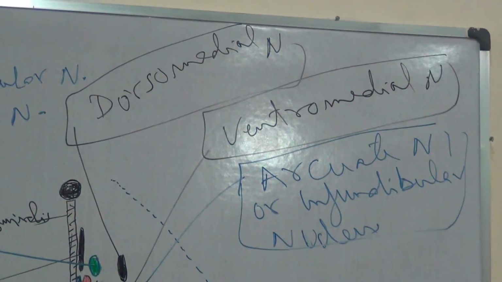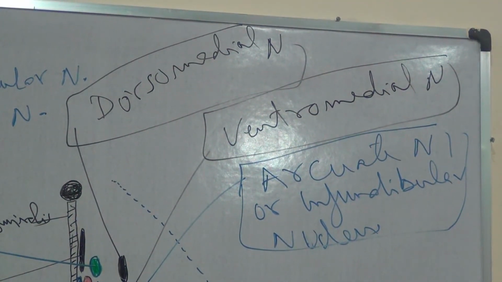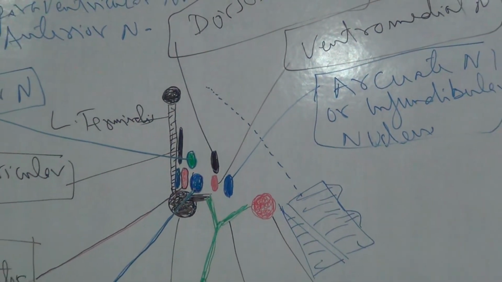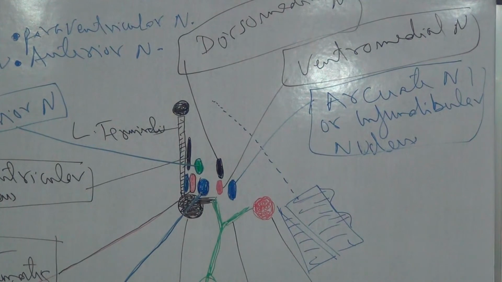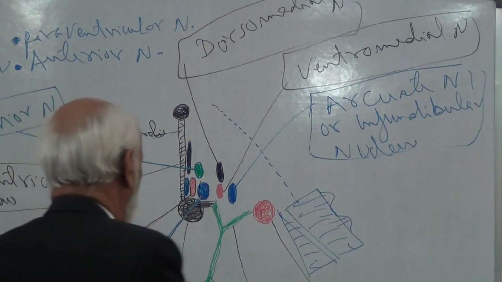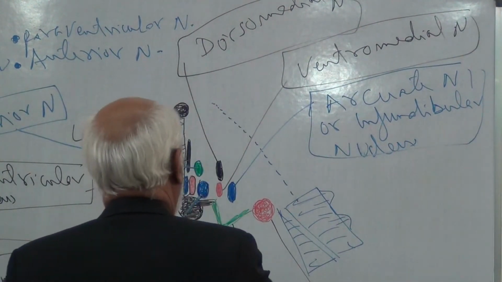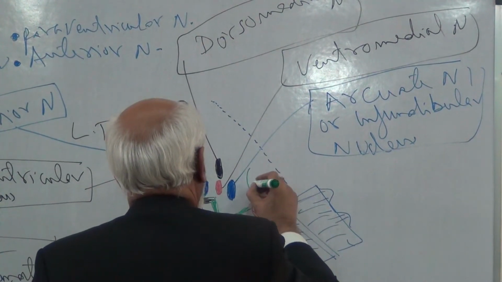Then the posterior region of the medial zone of the hypothalamus is posterior nucleus and lateral nucleus.